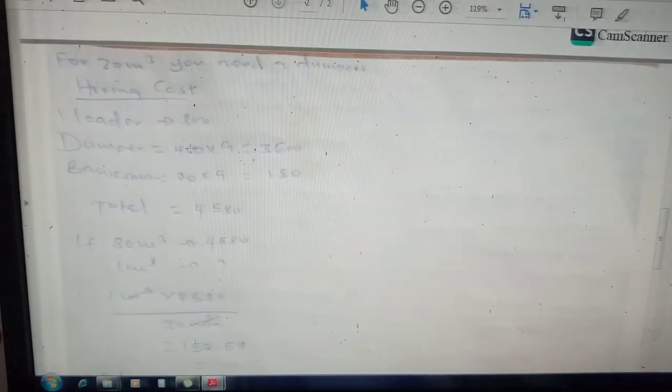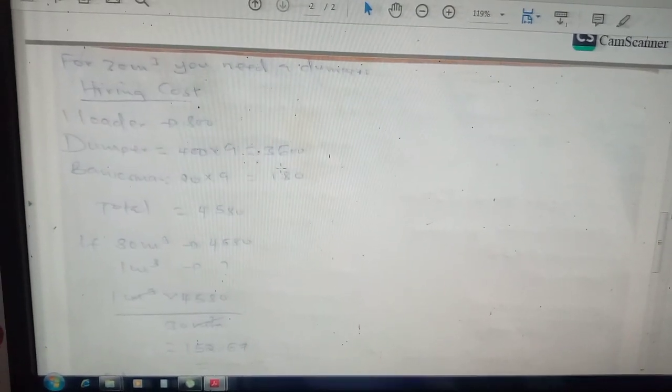Remember the dampers that we need are 9, so you take 400 by 9, you'll get 3600. Then the banksman was 20 shillings, then you multiply by 9 dampers. The number of dampers will be equivalent to the number of banksmen. Then you get 180, then the total of this will be 4,580.